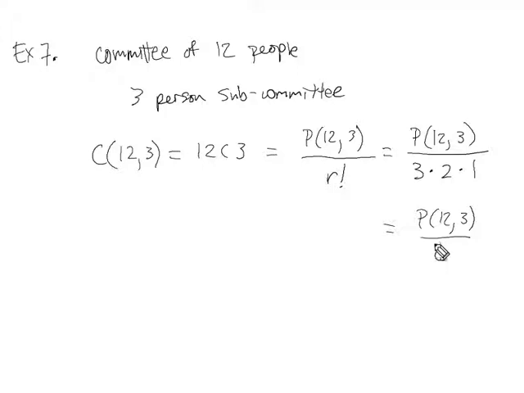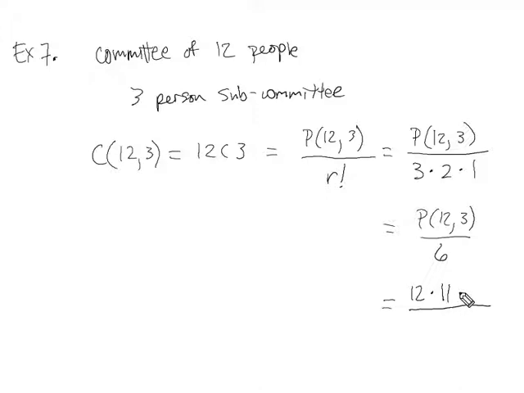In order to get the number, we could say for the permutation, we would have 12 choices. But once we choose one person and we go to make a second choice, then we only have 11 people left to make a choice from.